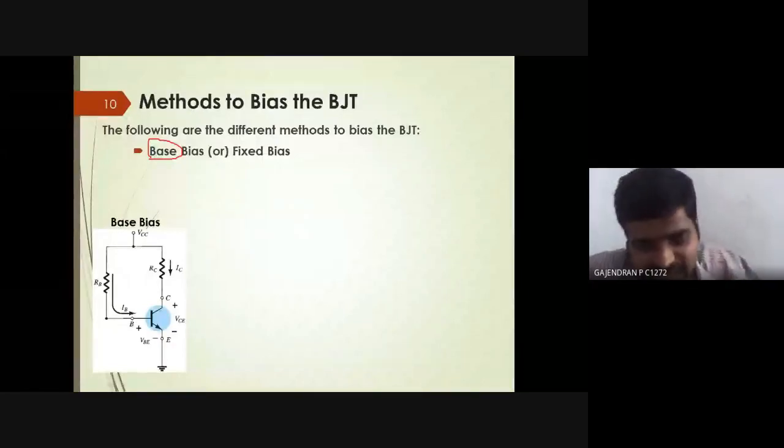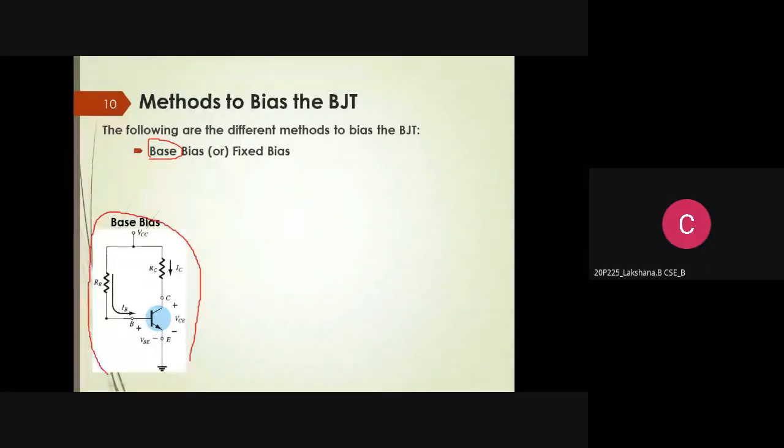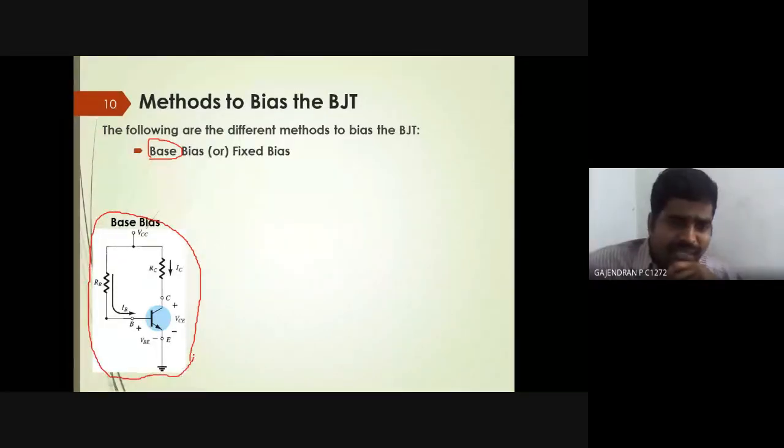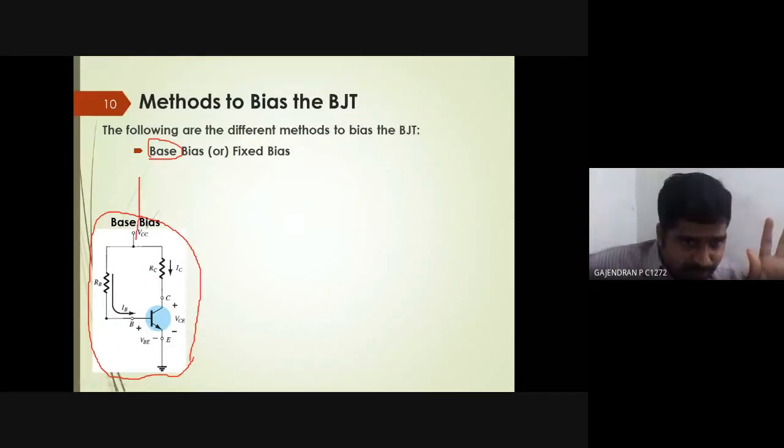Okay. Can you see the circuit diagram related to the biasing? Is it visible in the classes? Yes, sir. From this, can anyone tell me why it is called a base bias? Let me put the question in a different way.